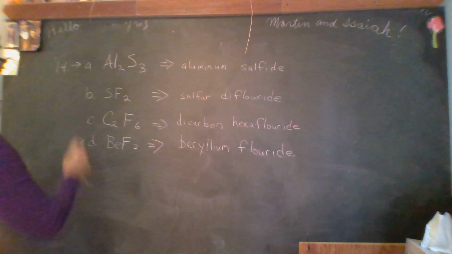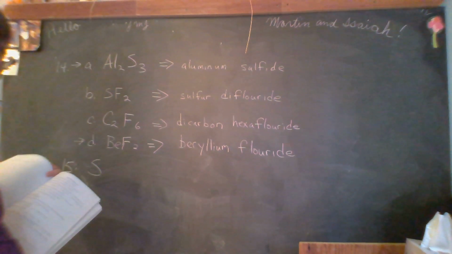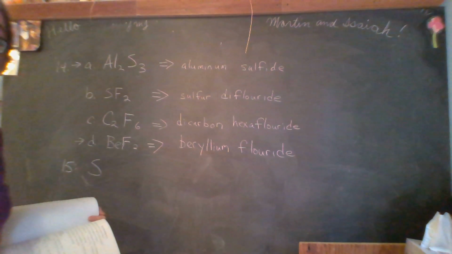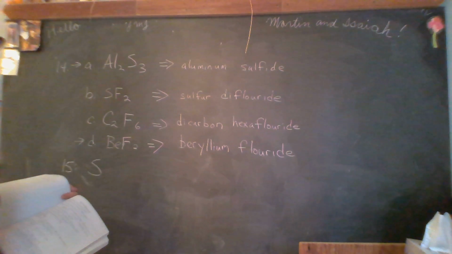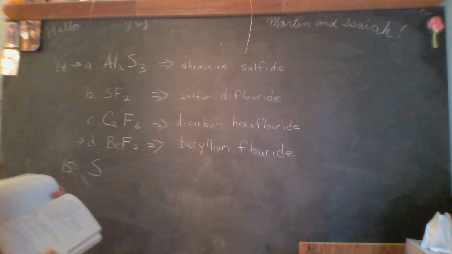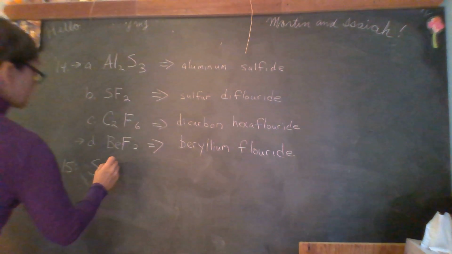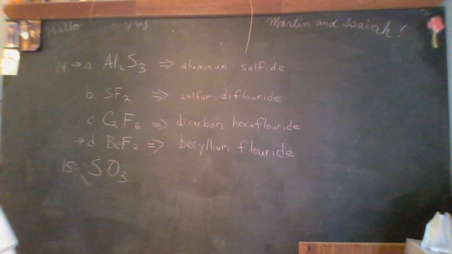It tells me it's a single atom, and so it's going to be S. And the trioxide tells me that the oxygen is the second element. The ending of oxygen has been changed to ide, and it has 3, so it's SO3.